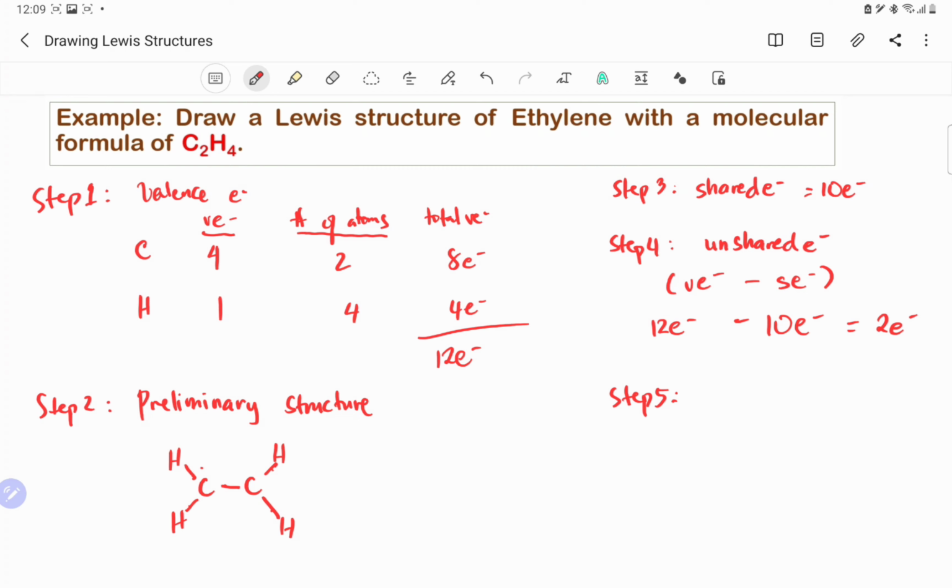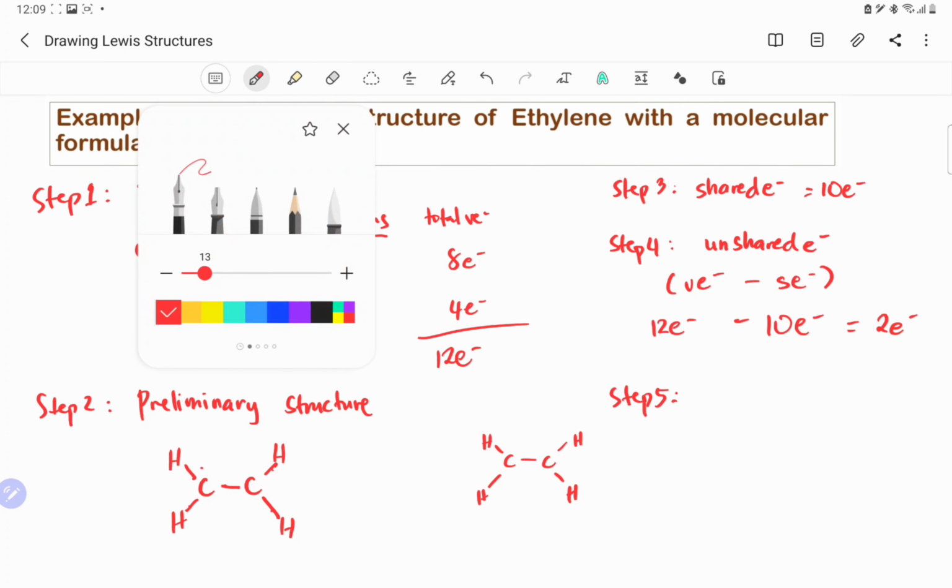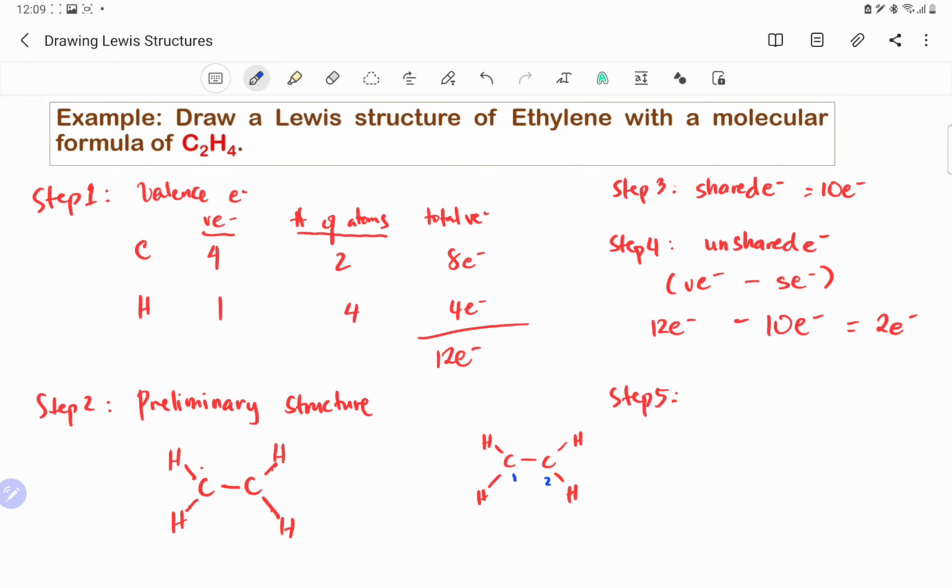Okay? So, in step 5, I have here common mistakes that students make in drawing the Lewis structure. They might do it like this. They might distribute these 2 electrons on carbon because, based on the preliminary structure, hydrogen has a complete duet, but carbon 1 and 2 have an incomplete octet because carbon 1 has 2, 4, 6, and carbon 2 also has 6 electrons only.